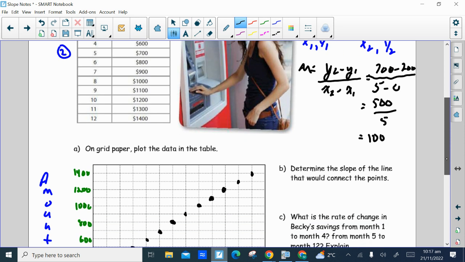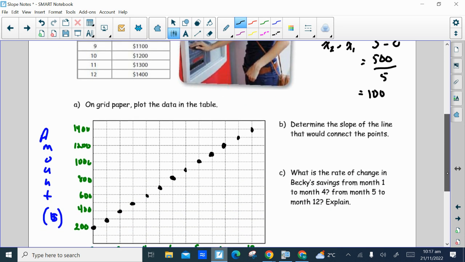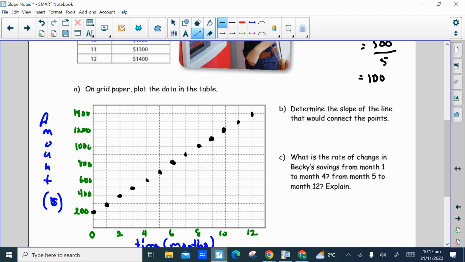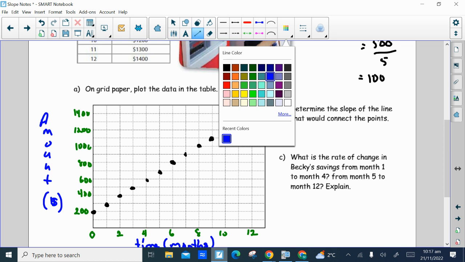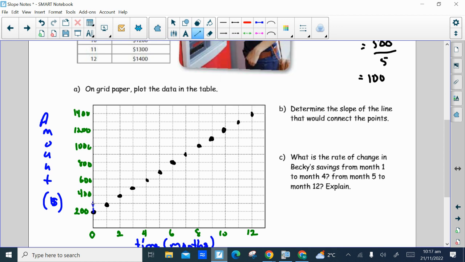And another way you could have got that is by using the rise and the run. So for example, if we go from the first point up to the second point, we'd go up 1 unit and to the right 1 unit. Now remember that slope is rise over run. So you're rising $100 and running 1 month. So using rise over run from the graph, you're rising $100, you're running 1 month, 100 over 1 is still 100, which is what we got using the formula above there.